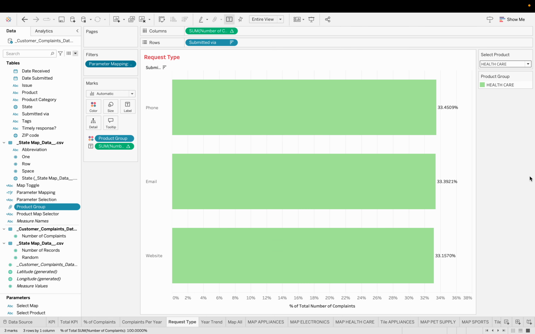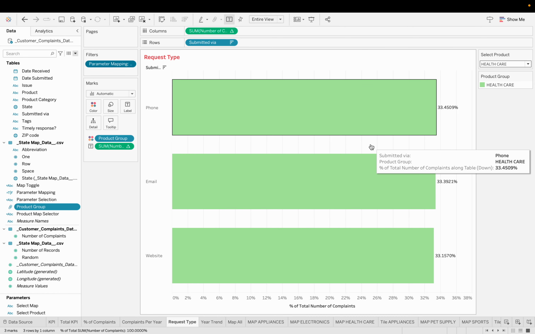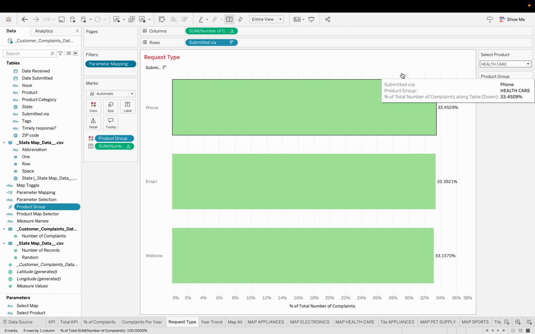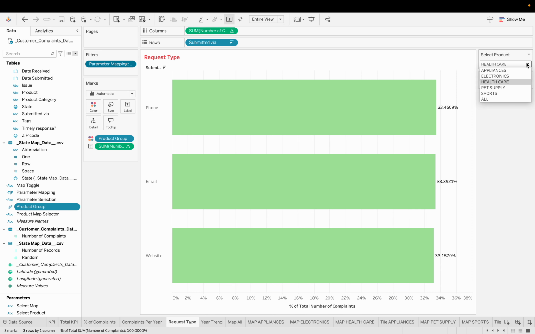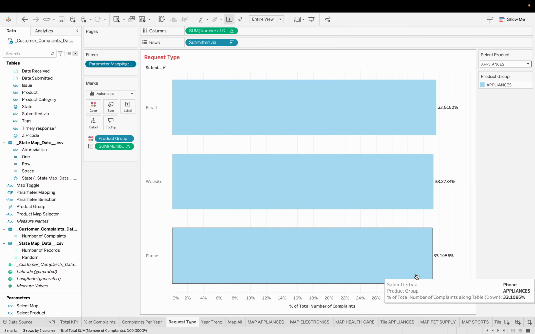The next thing is request type. Again, this is another visual illustration that gives you an idea of how things are, and again, this is very color coordinated. So we can look at appliances and you can see that 33% of our complaints were from emails, 33.27% were from website, and 33% were from phone.